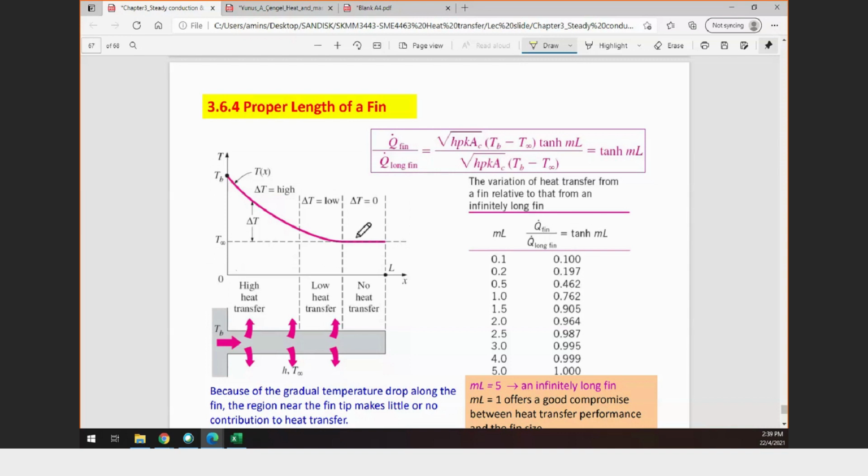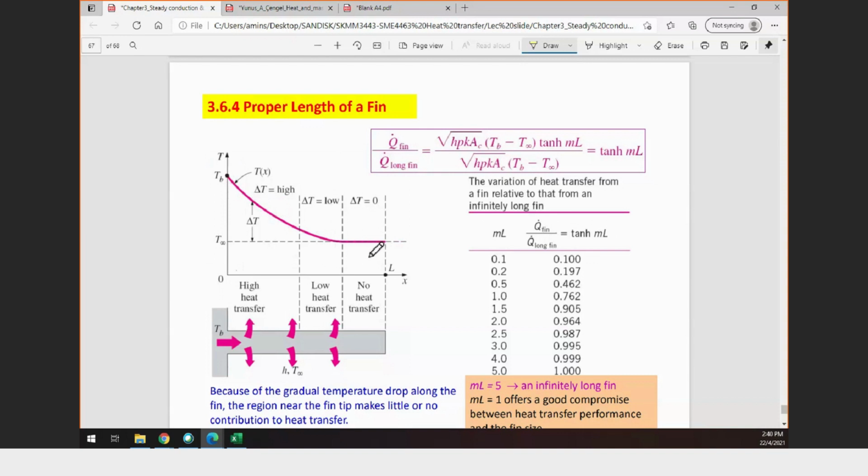Okay, so if we try to plot the temperature variation across the fin, if the fin is an infinitely long fin, you may have this kind of temperature distribution, maximum at the beginning and then starting to reduce until it becomes nearly zero, almost zero as the fin gets very long.